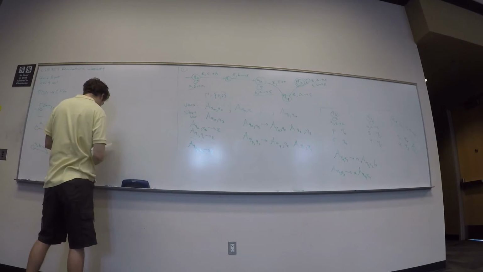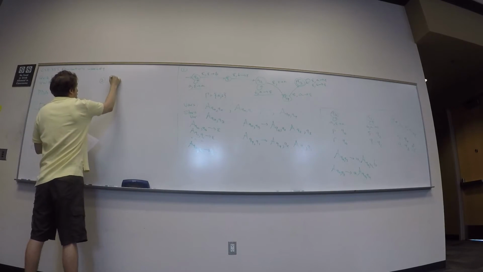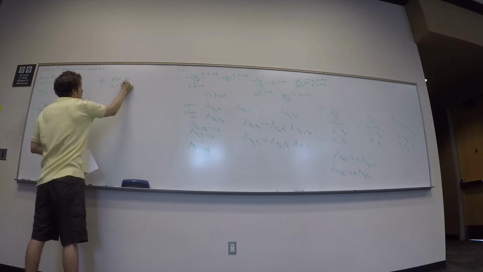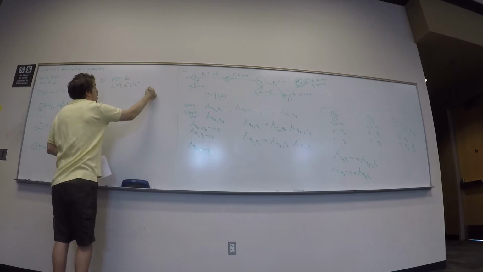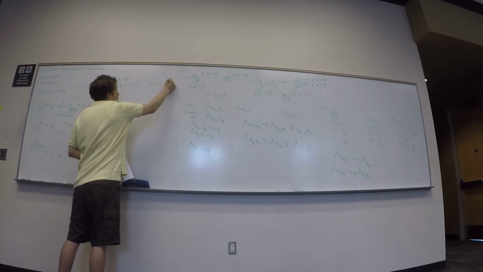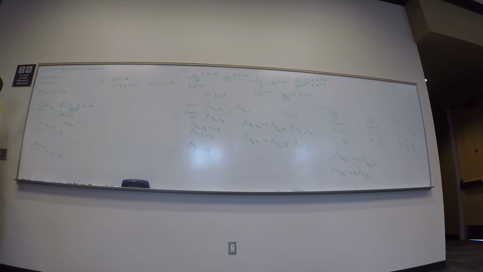All right. So second problem is we want to make a PDA for this language L, which is A to the I, B to the J, C to the K, with I equals J or J equals K. What if I said and instead of or here? All three are equal.